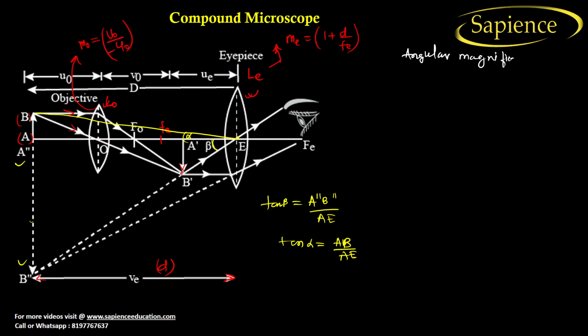So angular magnification, that is equal to m is equal to beta by alpha. So that is equal to tan beta divided by tan alpha, right?